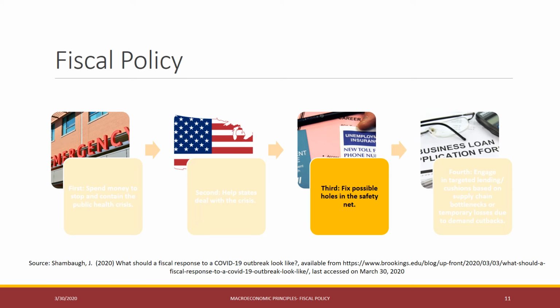The third response looks like this: fix the possible holes in the safety net. One of the most efficient and fastest fiscal responses to an economic downturn is the automatic increase in the safety net through the unemployment insurance, which was earlier known as the food stamp program.